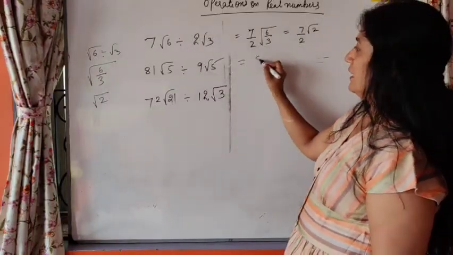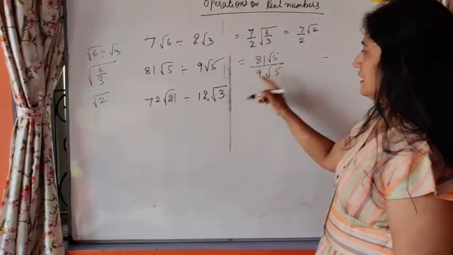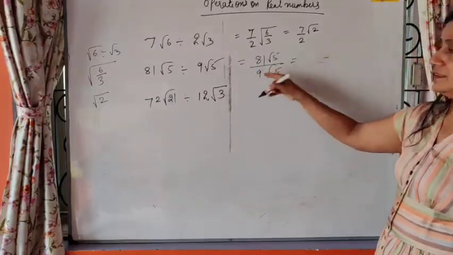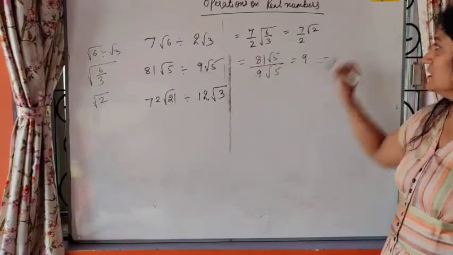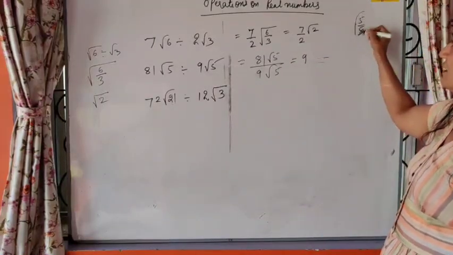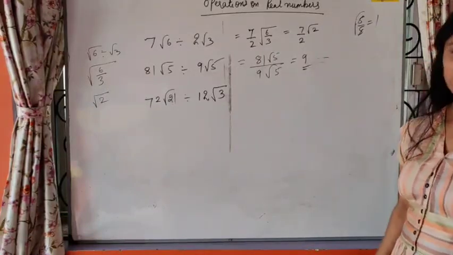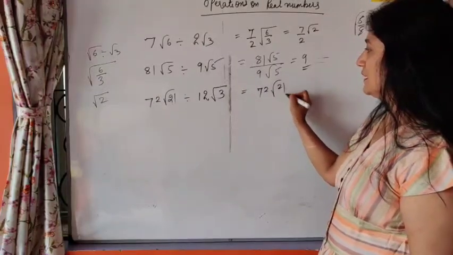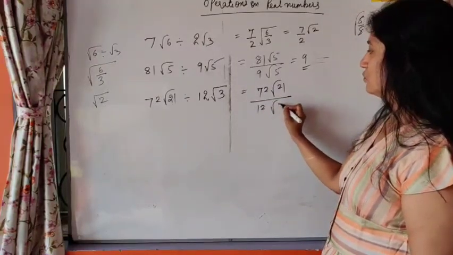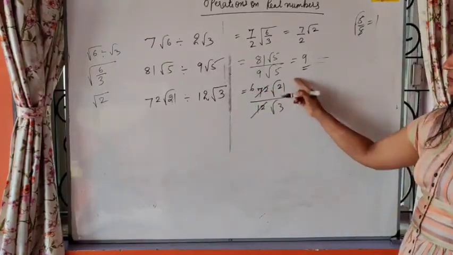Now here 81 root 5. See, 9 nines are 81 and root 5 gets cancelled because root 5 by 5 is 1 and the square root of 1 is 1. So we'll write only 9. Next 72 root 21 upon 12 root 3. 12 sixes are 72, and this will get cancelled.